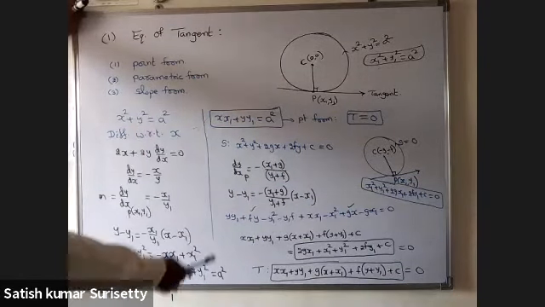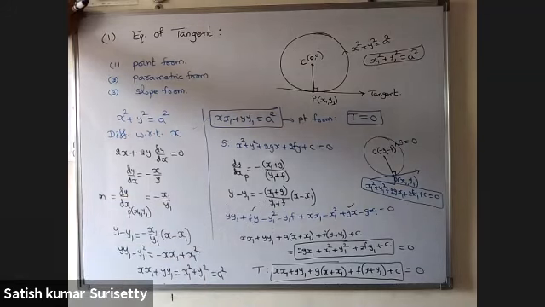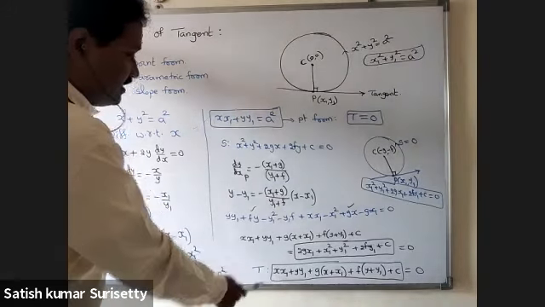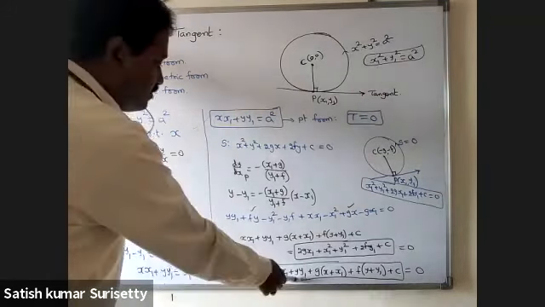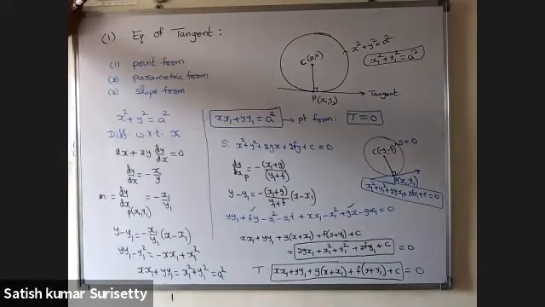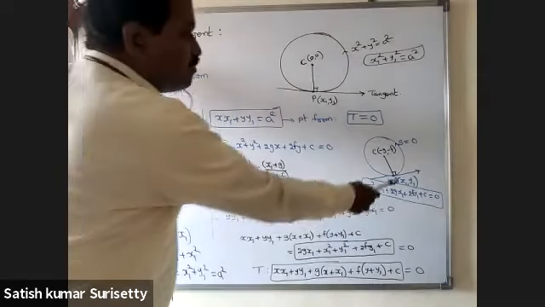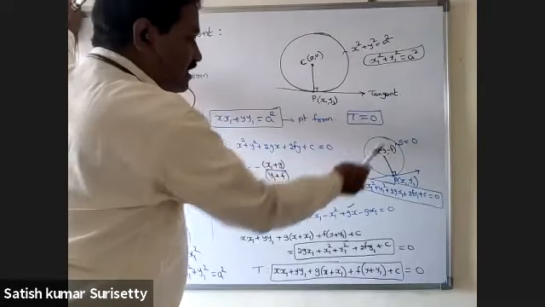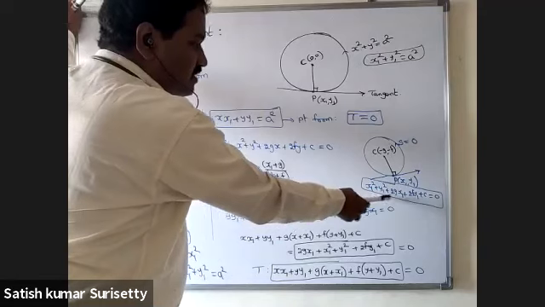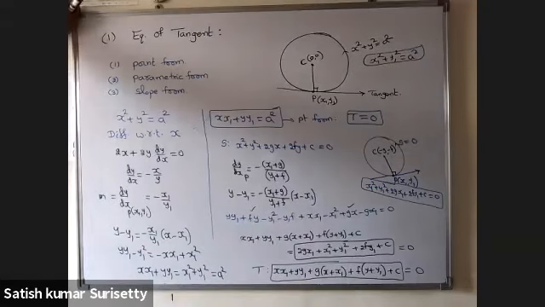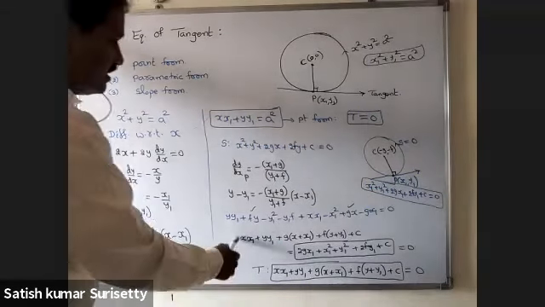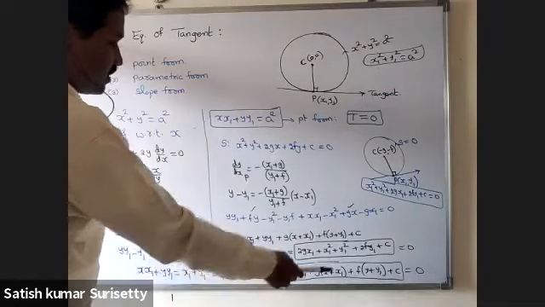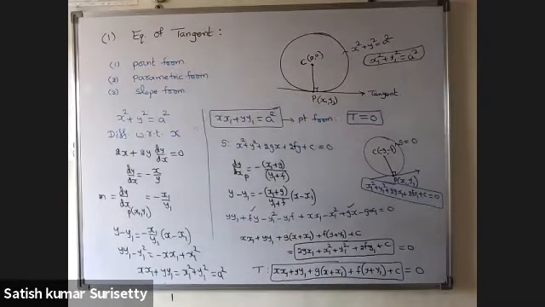Expand and simplify, then you will get the equation of the tangent in point form as x x1 plus y y1 plus g into (x plus x1) plus f into (y plus y1) plus c equal to 0. Here also, because the point (x1, y1) lies on the circle, x1 square plus y1 square plus 2gx1 plus 2fy1 plus c equal to 0. That we are using in this simplification to get the notation T equal to 0.